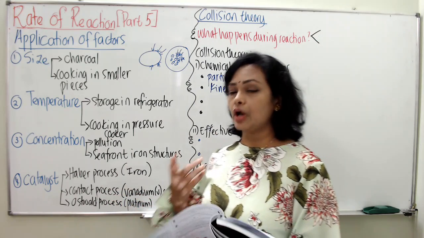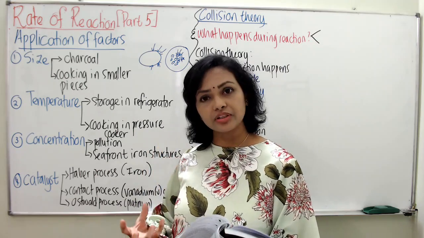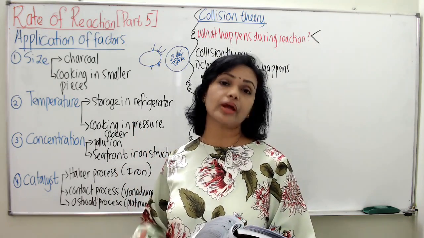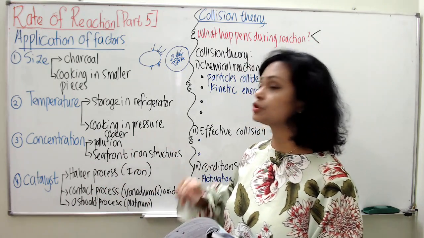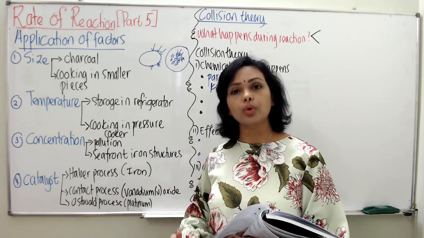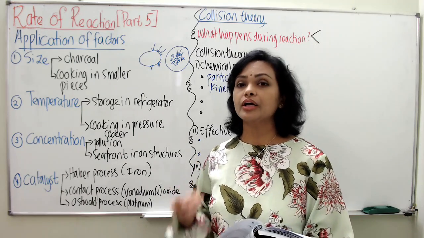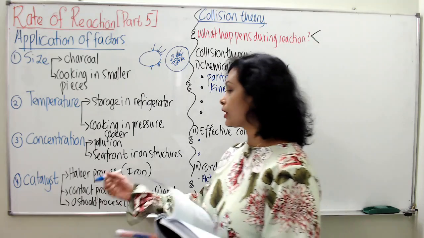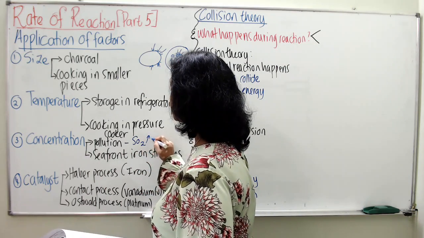When this sulfur dioxide gas gets dissolved in rain, it will produce acid rain. And the concentration of the acid rain is very high. So this concentration will eventually corrode the buildings. It will damage and corrode the buildings faster compared to rural areas. Why? Because the sulfur dioxide has higher concentration.